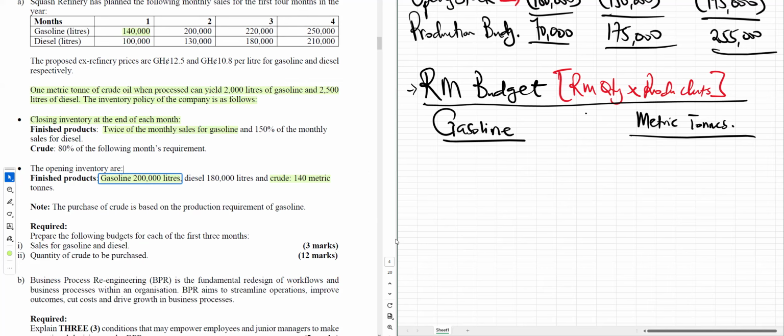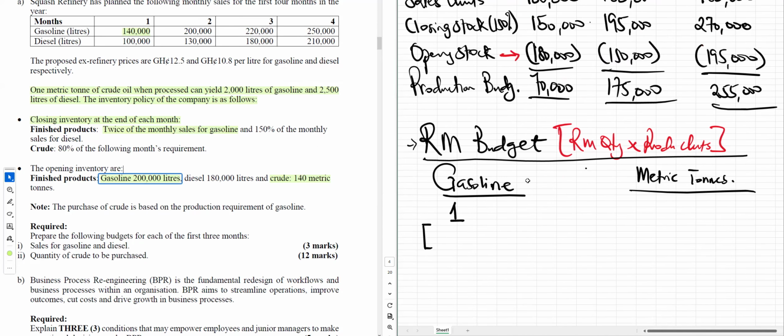Okay, so gasoline for month 1, right? What are they saying? We should know how much raw material quantity we need. Let's try for gasoline. Month 1, how many units did we produce for gasoline? 220,000.